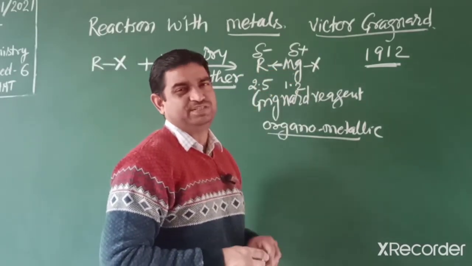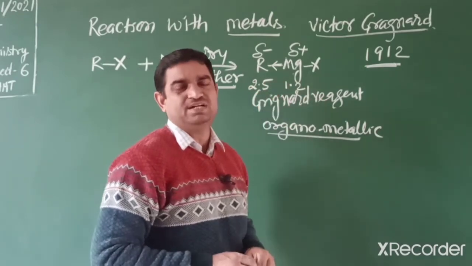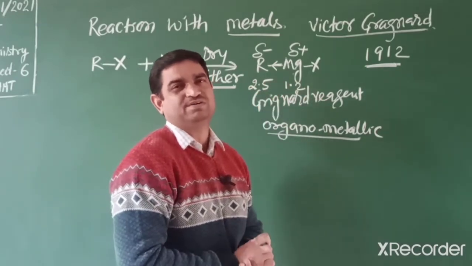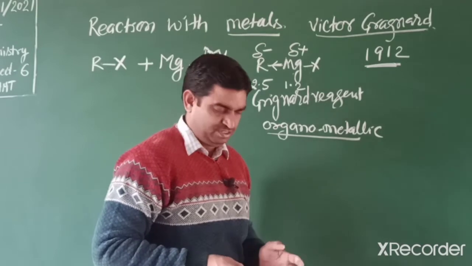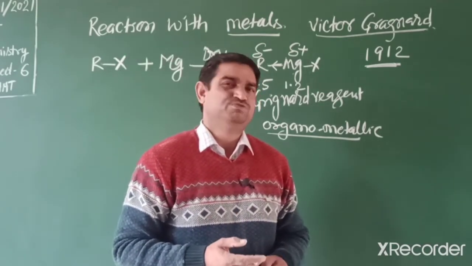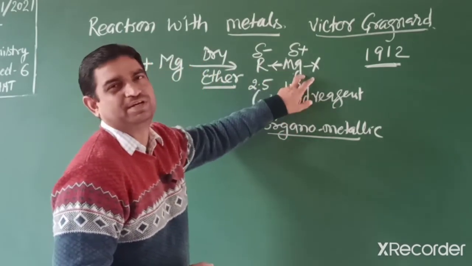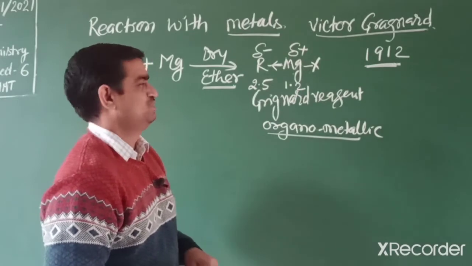Why is this compound so important? Because from this compound we can further prepare hydrocarbons. Hydrocarbons means we can prepare methane, ethane, propane, butane, LPG, petrol, diesel chemically in this reaction. So this is very important.